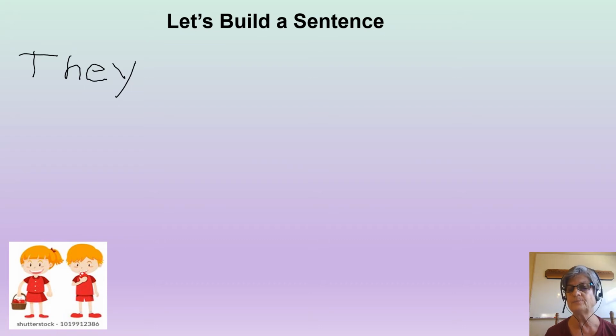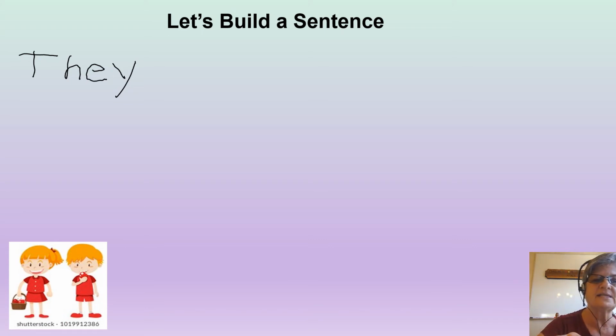Now our next word would be like. So you need to put your finger after the word they. You can take a pencil, you can take an eraser, whatever works for you, so you remember to leave space. And our next word will be like. And that's another word we know, don't we?